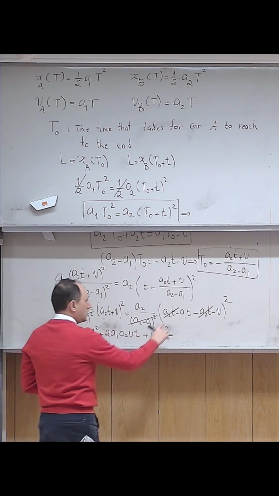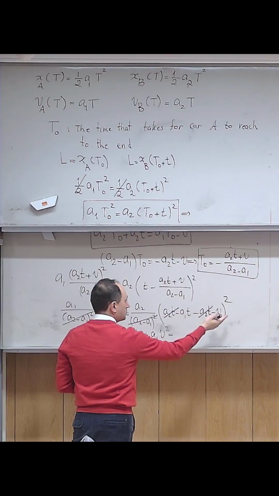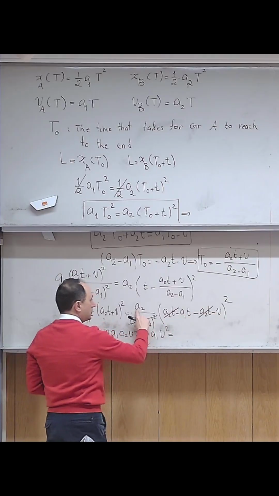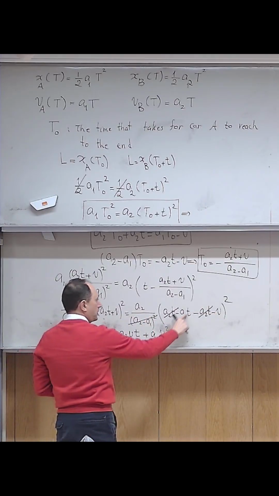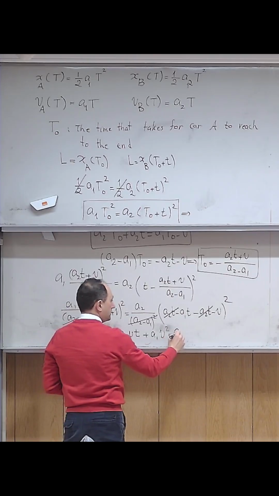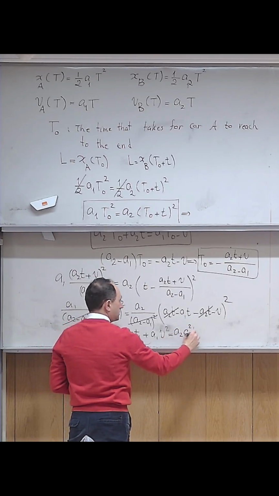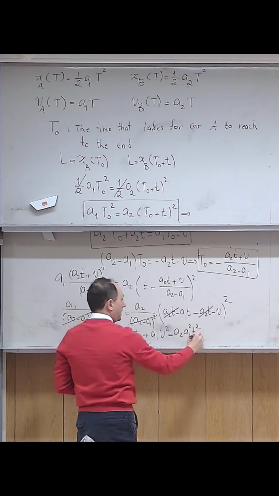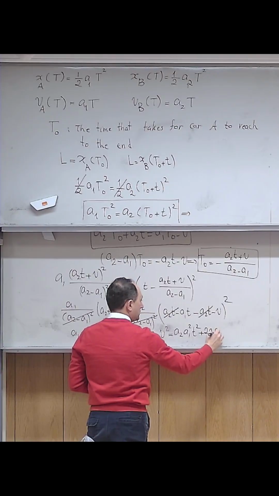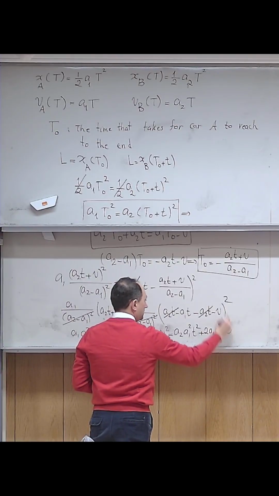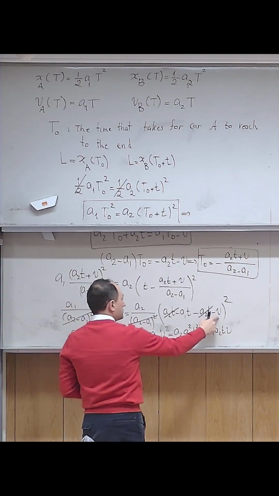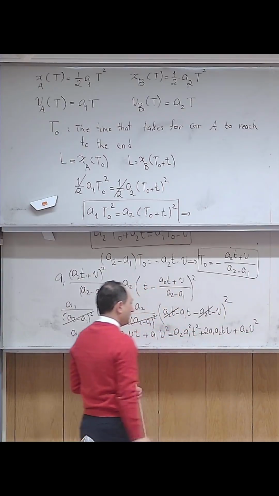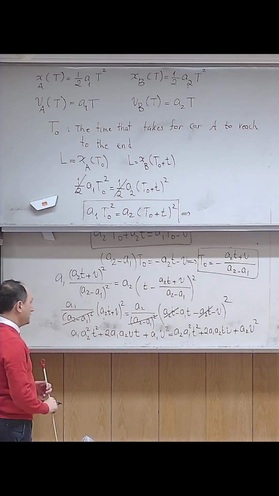On the right hand side, first of all, these negative signs will go away because of this power of 2. I raise it to power 2 and multiply it by A2. So the first one squared multiplied by A2 becomes A2A1 squared T squared. 2 times the first one times the second one multiplied by that becomes 2A1A2TV. And then finally, this one squared multiplied by A2. These are the things we have.